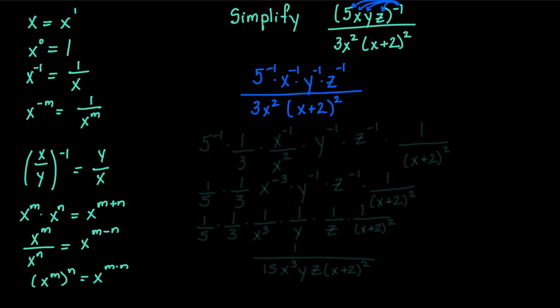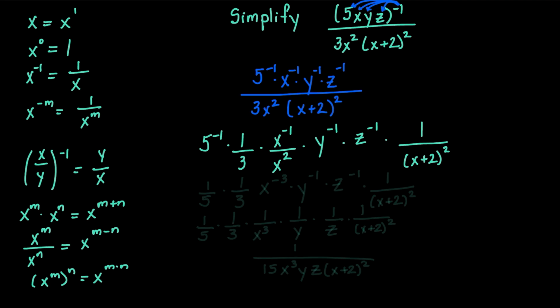There's nothing at the bottom I can combine, so now I'm going to go top to bottom. 5 to the -1 stands alone. 1 over 3 stands alone. X to the -1 over x squared can be simplified together. Y to the -1 stands alone. Z to the -1 stands alone. 1 over x plus 2 squared stands alone.